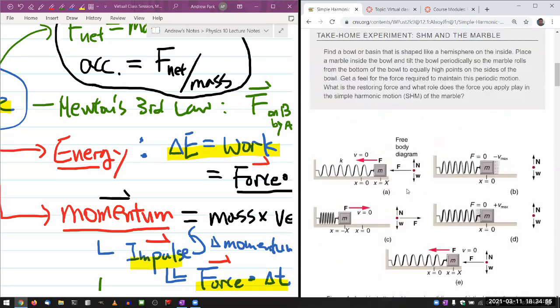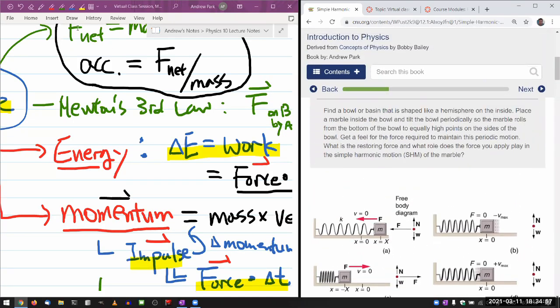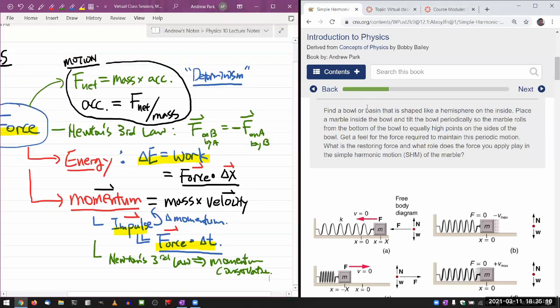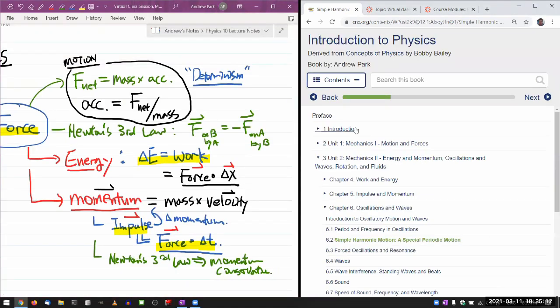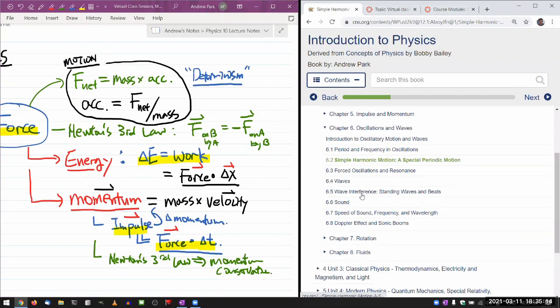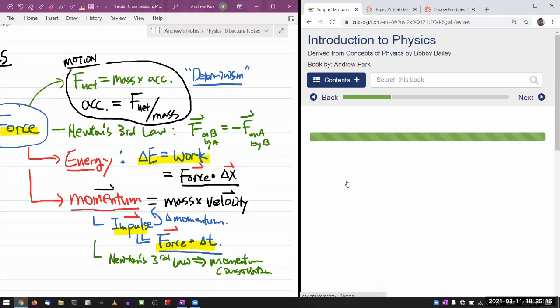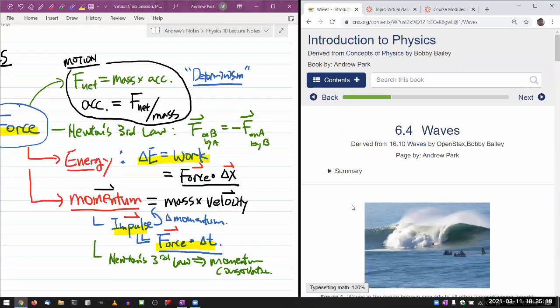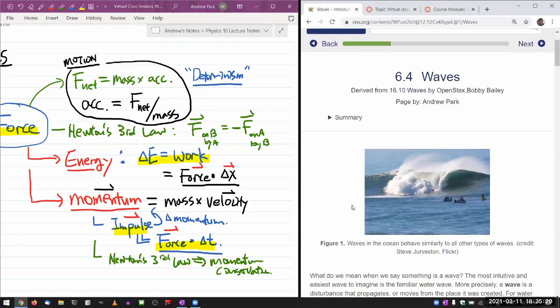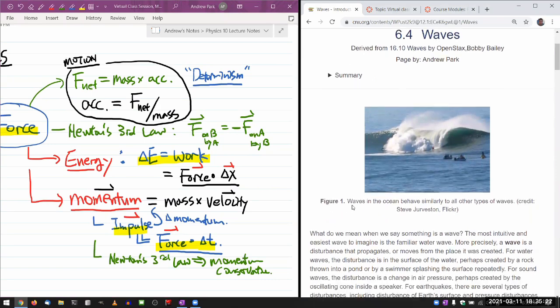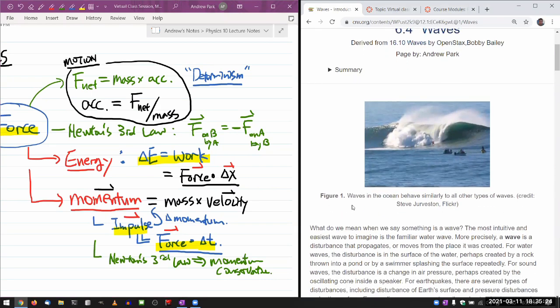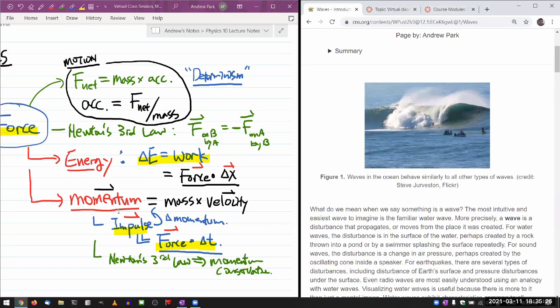And if you recall, things get more abstract when we get to waves. The direct connection gets harder to see when we start talking about waves, and there is a reason for that. Waves are a somewhat more general phenomenon than what we've been talking about in terms of energy and momentum.